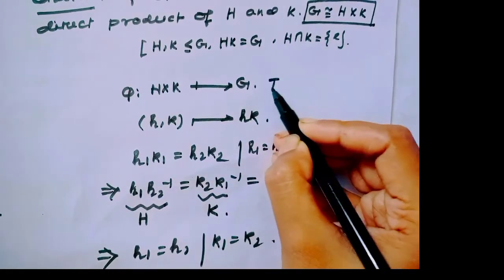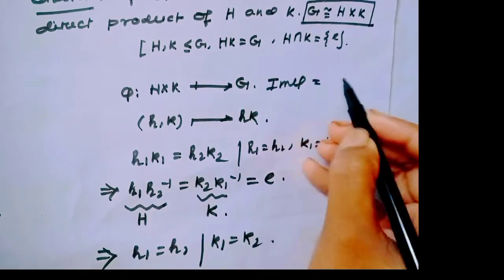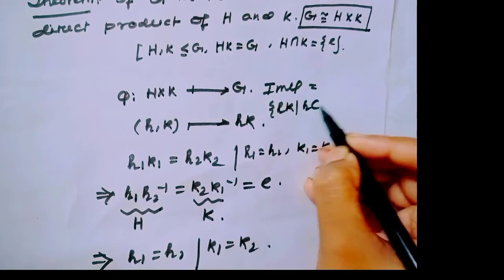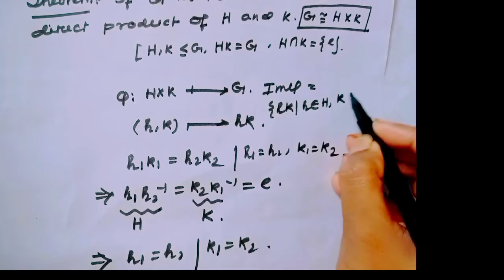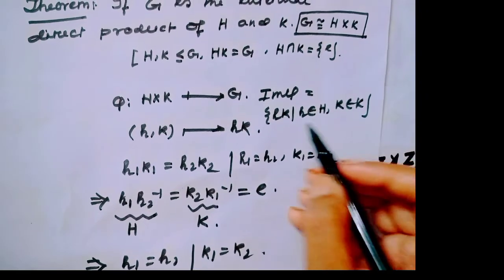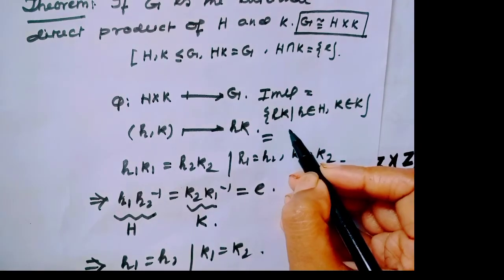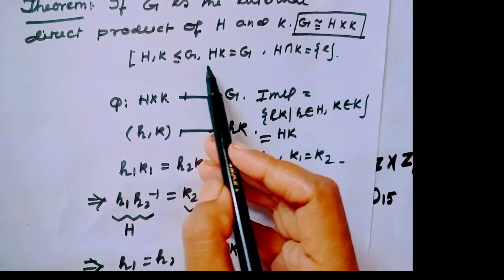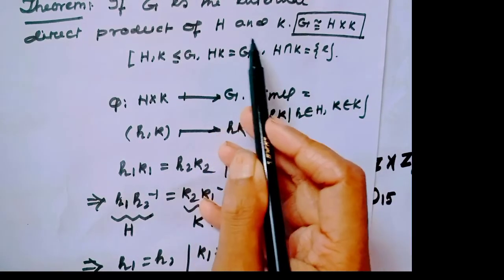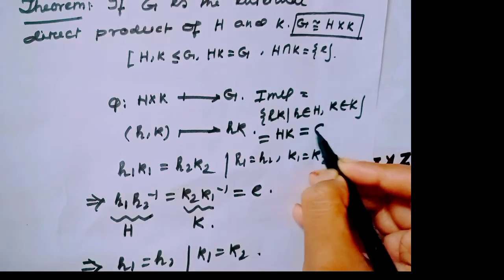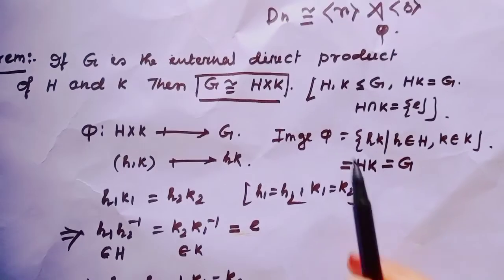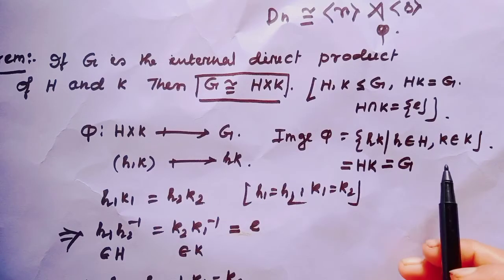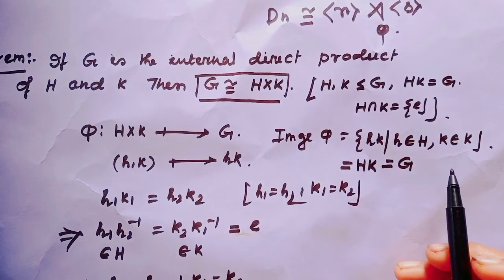That means the image of phi equals the set containing the elements hk such that h belongs to capital H and k belongs to capital K. And this is actually HK, and given HK equal to the entire group G, that means this is equal to G. And since the image is equal to the whole codomain, the mapping is also onto.